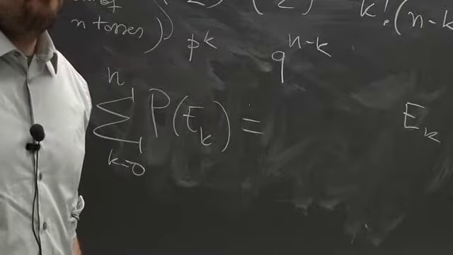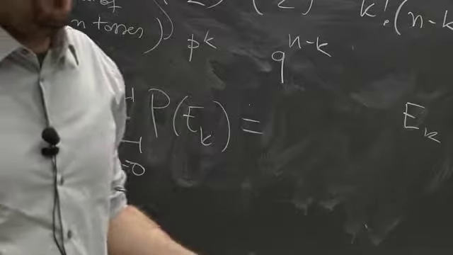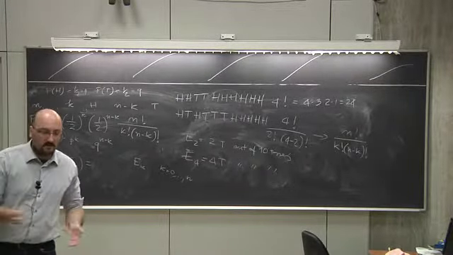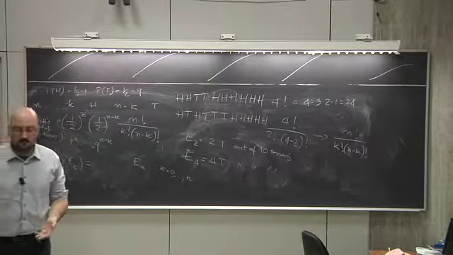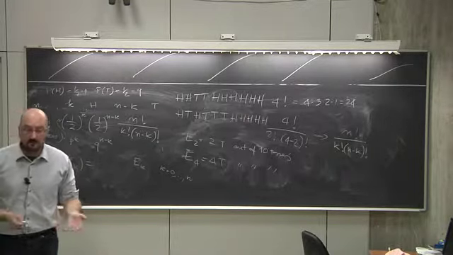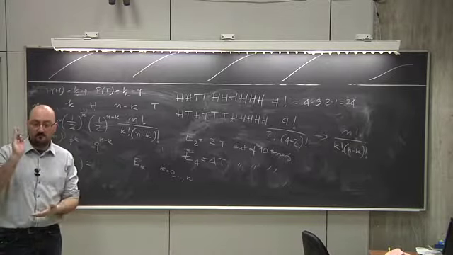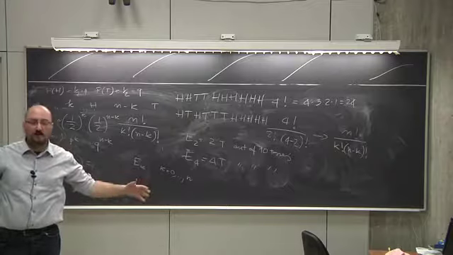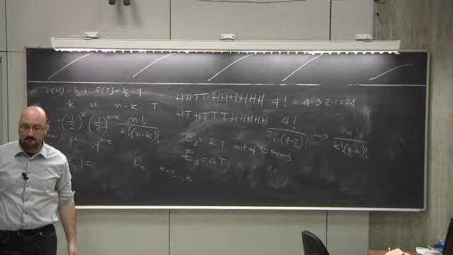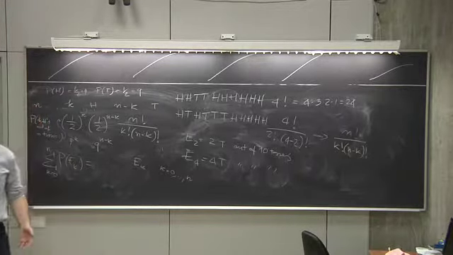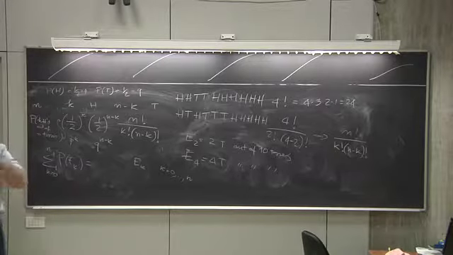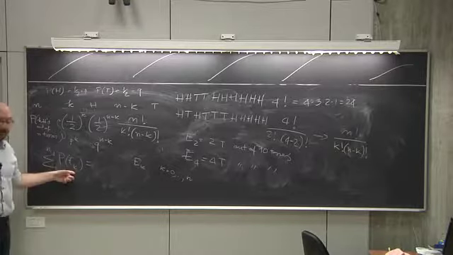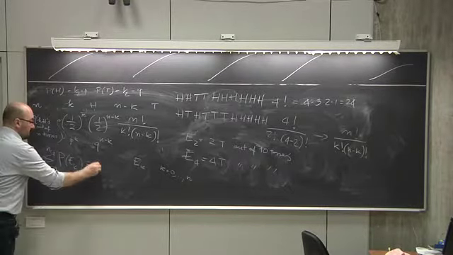Any configuration will have a given number of tails, between 0 and 10, uniquely defined by that event. So they cover the entire space of possibilities, and this sum has to be equal to 1.